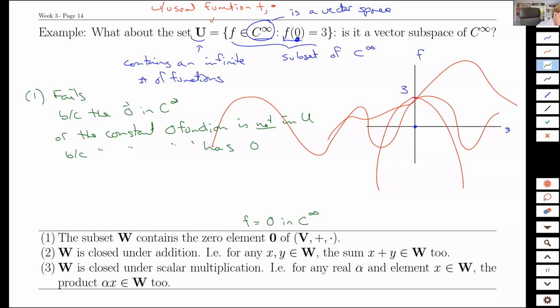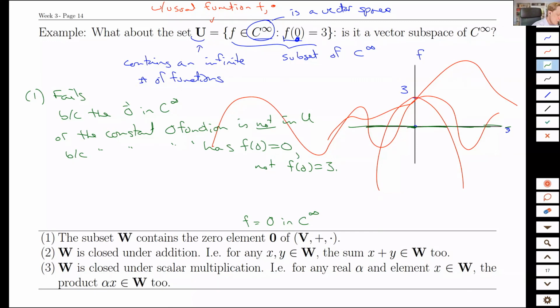Oops, bring that up here. If I look at the constant 0 function, it looks like this. And not surprisingly, it has 0 values everywhere. So it has 0 value at x equals 0, not f of 0 equals 3. And so right away, we can say that this collection of functions, this set U, does not satisfy the requirements for a subspace.